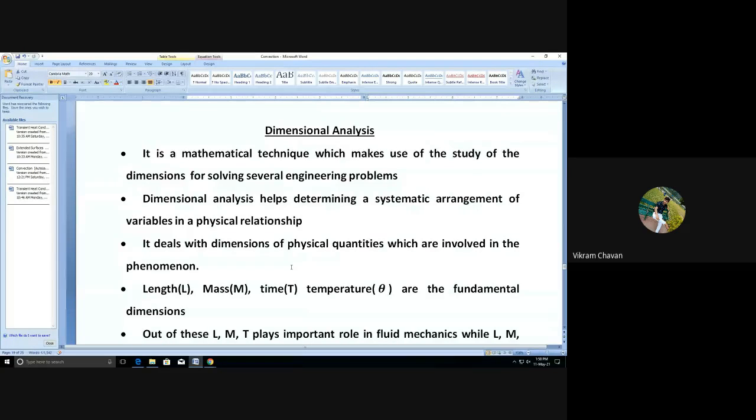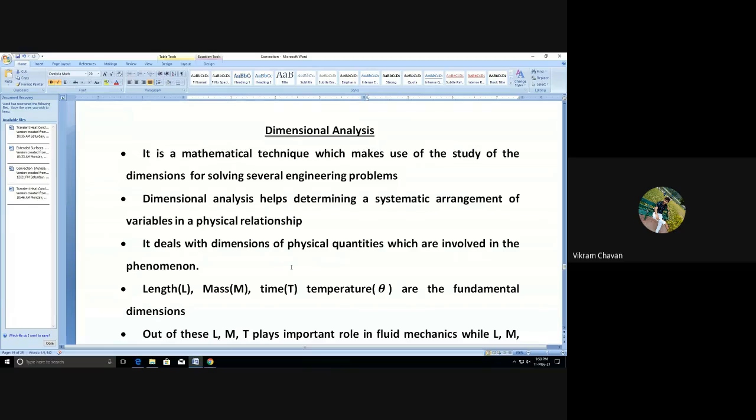For that, what do we require? We should know the dimensions of each variable and their significance. Also, dimensional analysis will tell you the significance of a particular variable in the phenomenon.